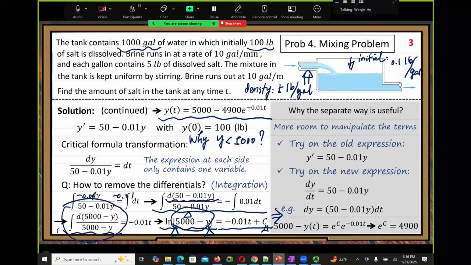Any conclusion you can give me? Well, the brine that was initially in the tank has a lower density, and the brine from outside has a higher density, so the mixture would be more dense than the initial. Can we say this? The density of the mixture inside the tank can never be greater than the outside density, right?